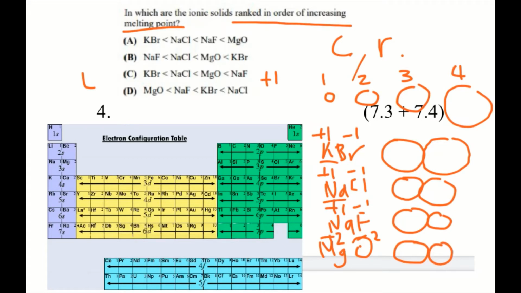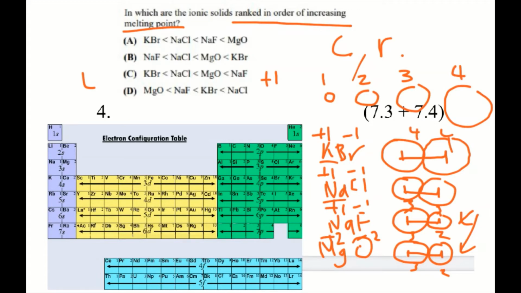So now we need to think about this in terms of the radii first. Let's measure the distance between the centers and determine which ones are the shortest. The shortest ones are going to be this one and this one because you have 2, 2, 3, 3 here, while these ones are 3, 3, and 4, 4.